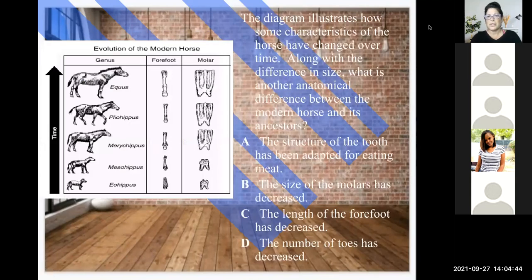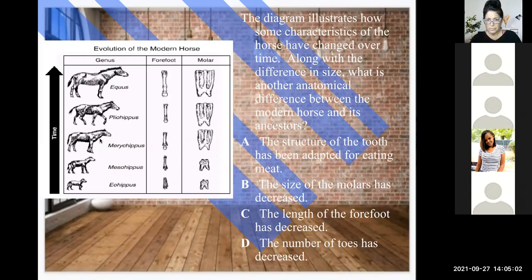All right, the very last one. The diagram illustrates how some characteristics of the horse have changed over time. Along with the difference in size, what is another anatomical structure difference between the modern horse and its ancestors?